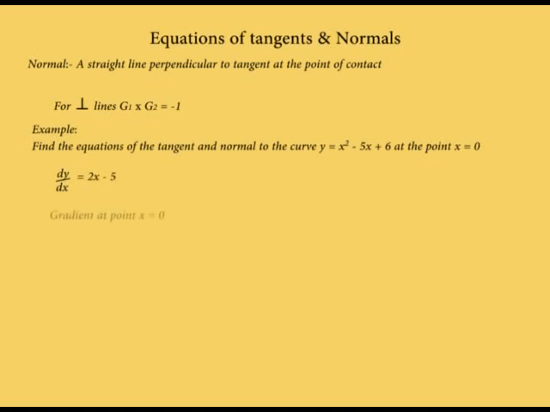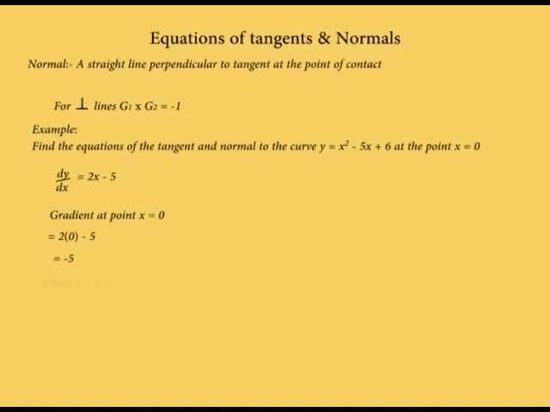So the gradient at point x is equal to 0. We simply substitute 0 in the gradient function. 2 times 0 minus 5 will give us minus 5. So that is the gradient of the tangent. Now we know the x coordinate is 0.